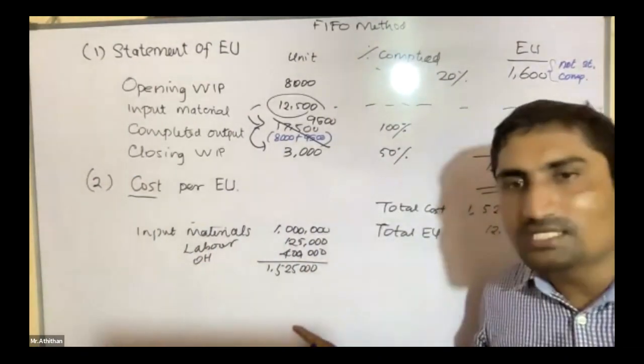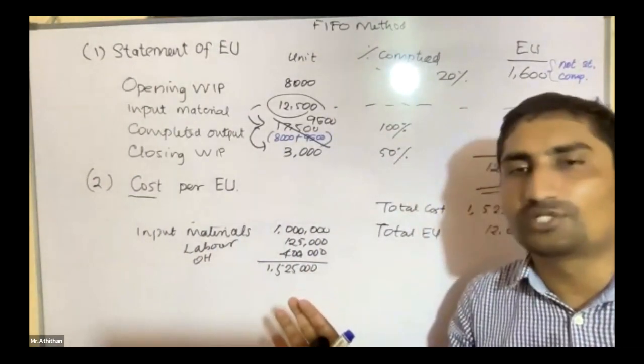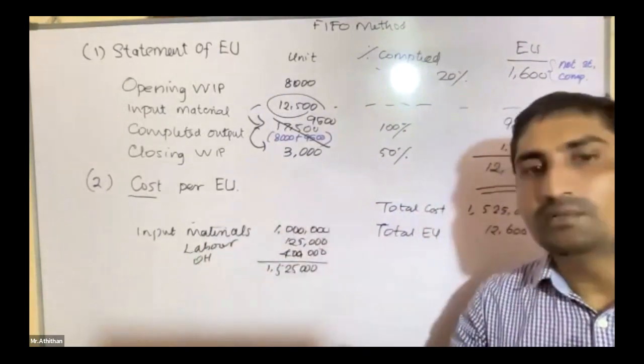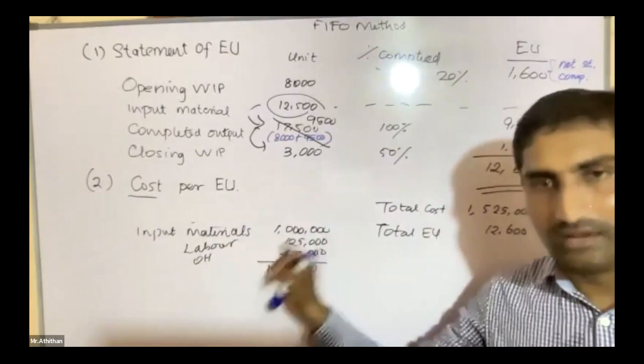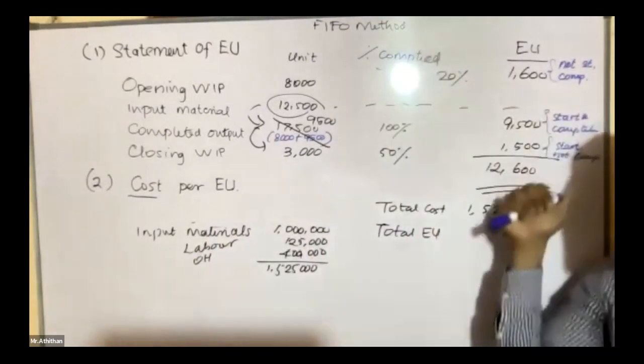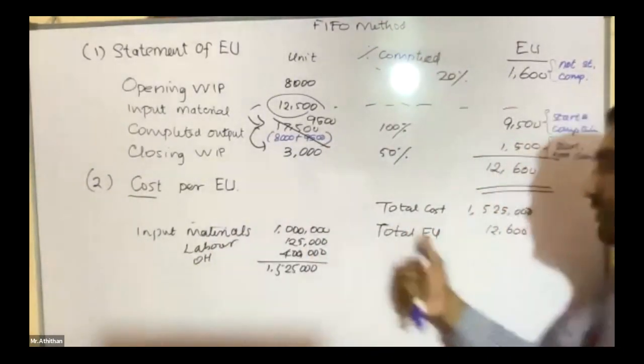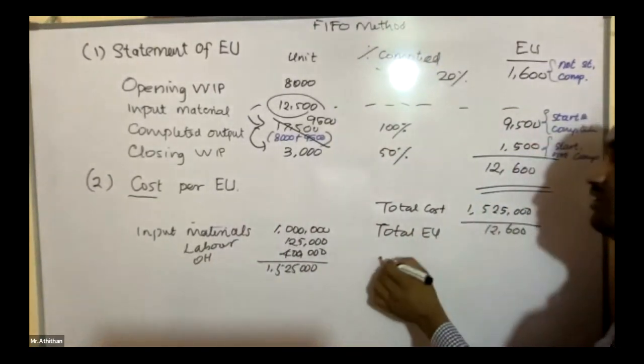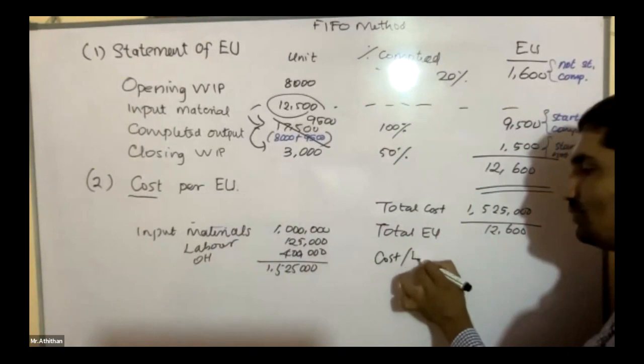Total cost includes full production cost for opening WIP, current one and closing WIP, everything covered here. Equivalent units, everything covered here. So total cost divided by total equivalent units gives the cost per equivalent unit.